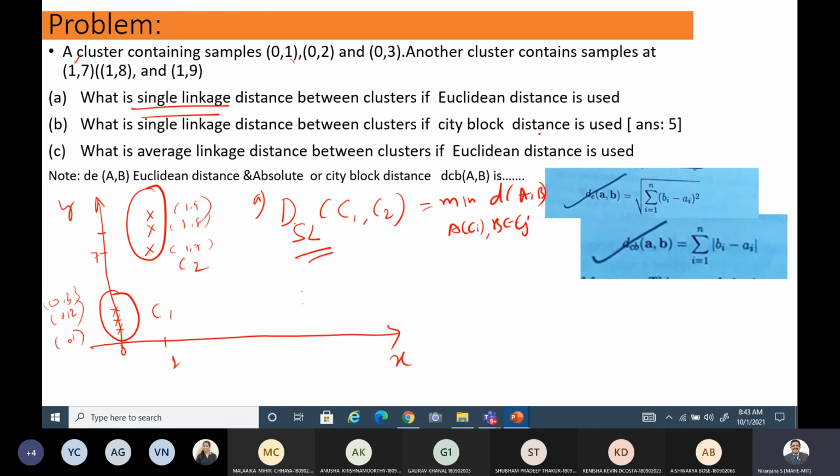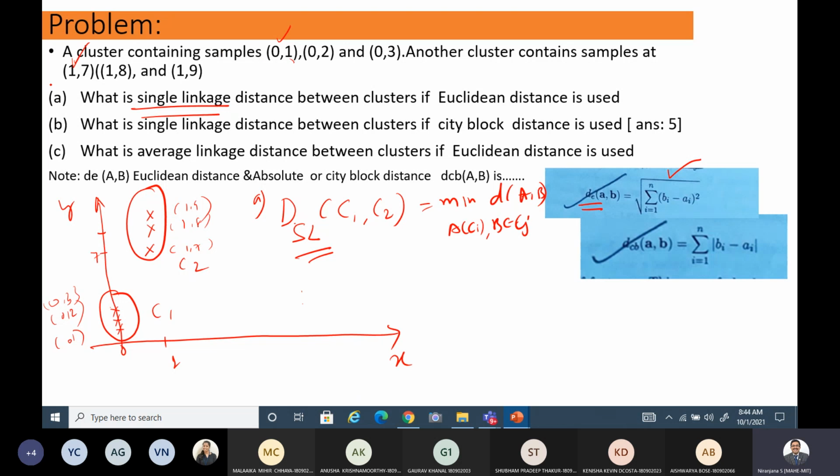How will you find the Euclidean distance? It is already known. So the first part I will leave to you. You use this formula: under the square root, summation of (bi minus ai) whole square. Suppose the given points are this and this.